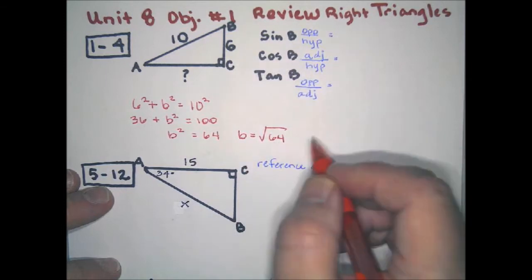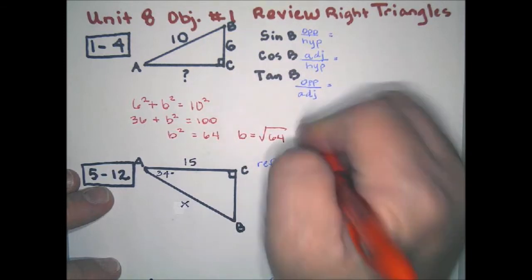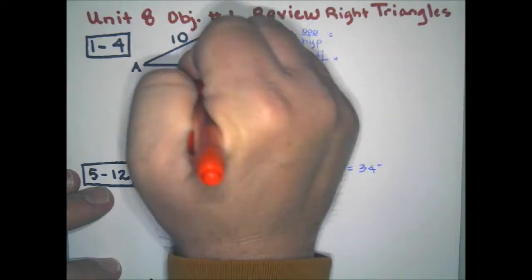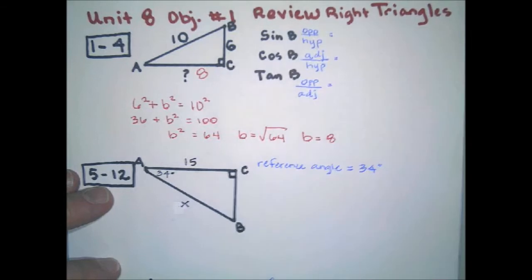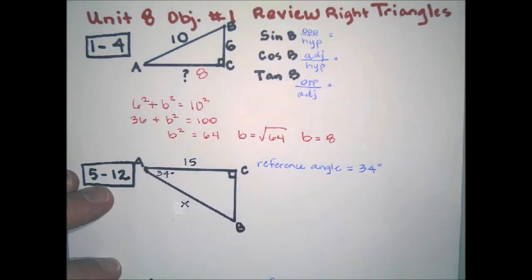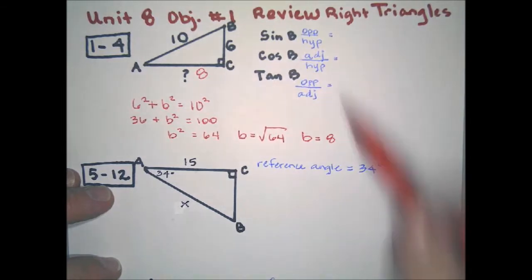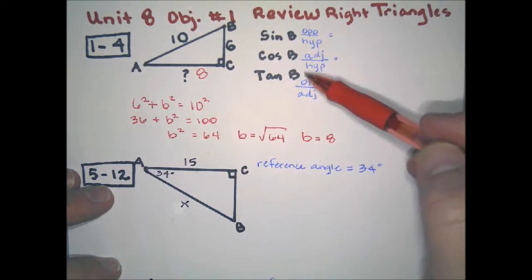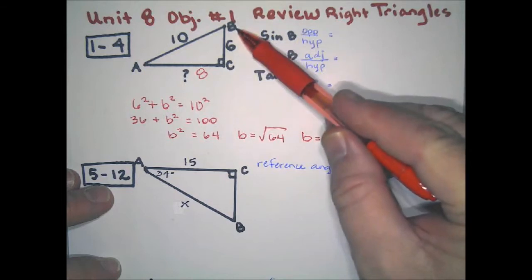So we're just going to take the positive 8 answer. So b equals positive 8. So we just figured out that this side is 8. Now, knowing that, we can complete the three trig functions from reference angle B.